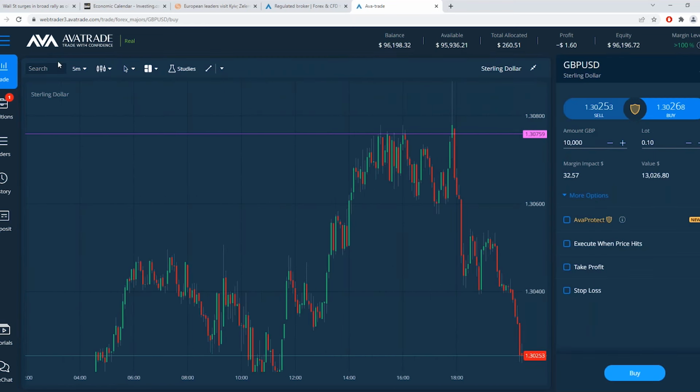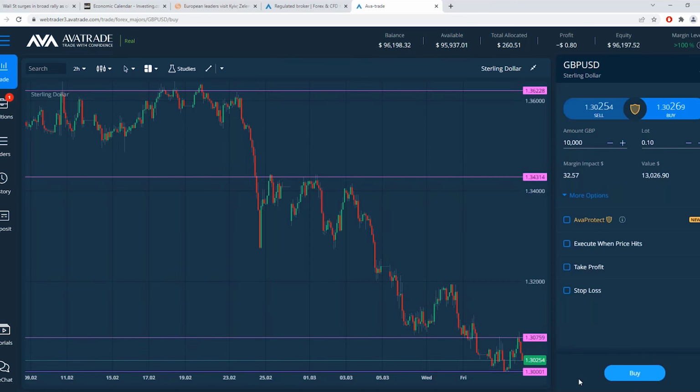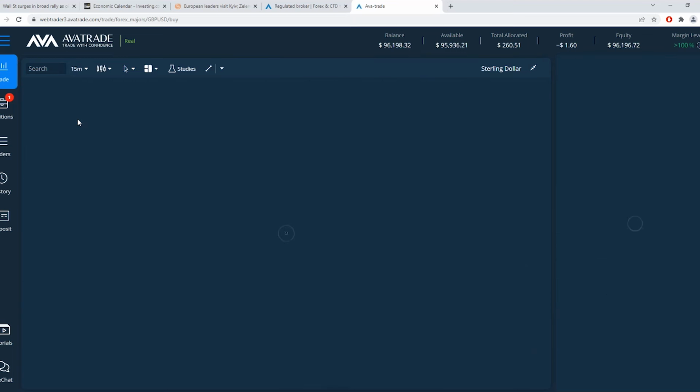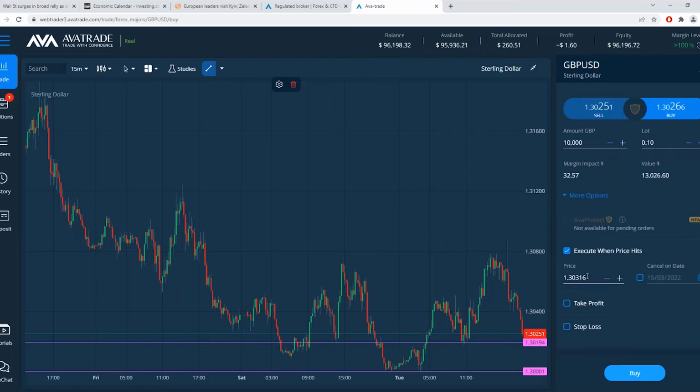And we were looking at a price point down at, let's go to the 2-hour candles, down at that support level, which was just down a bit here. So if I want my pending order to open at this price, 130, let's say 20, 130.20, execute when price hits 130.20.